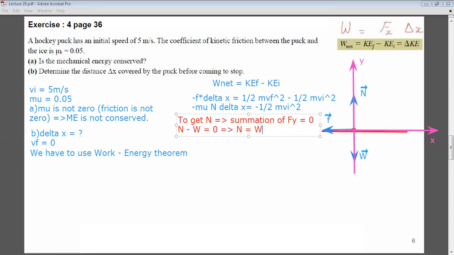So N equal to W equal M times G. I go back to my equation. Minus mu times N, which is M times G times delta X is equal to minus half mv initial square.